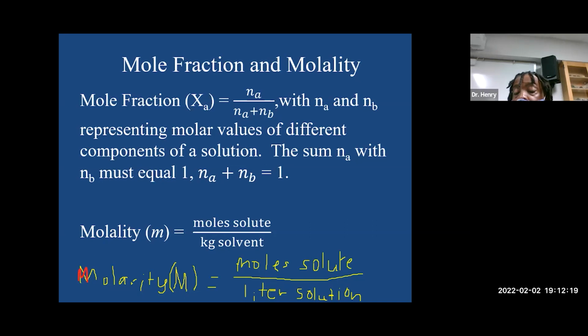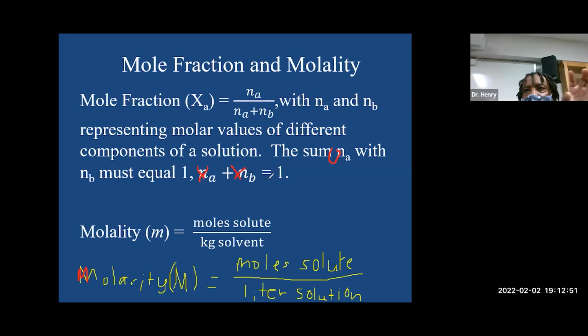Now, this here is actually incorrect. What they're saying is it really should be X. So XA plus XB is going to equal 1.